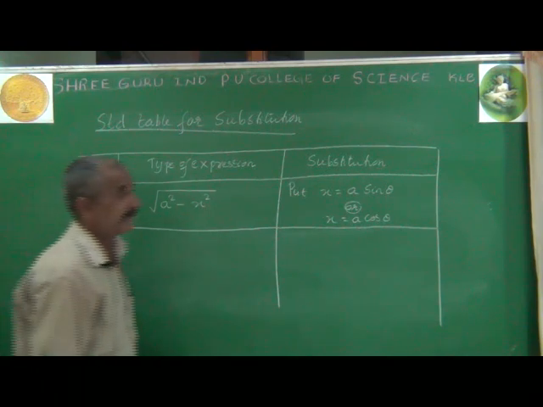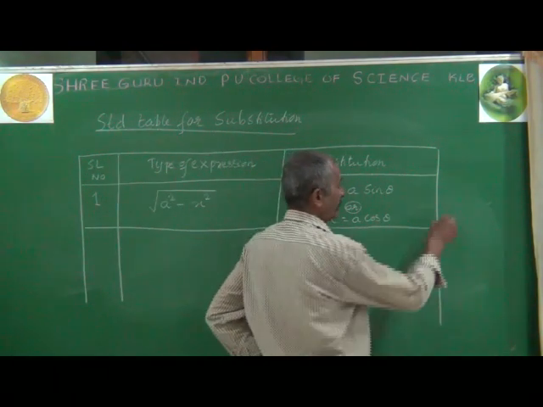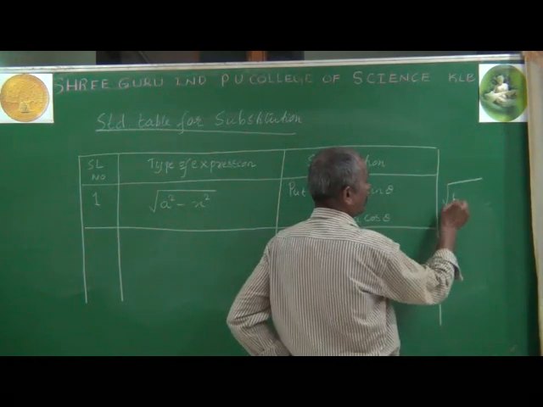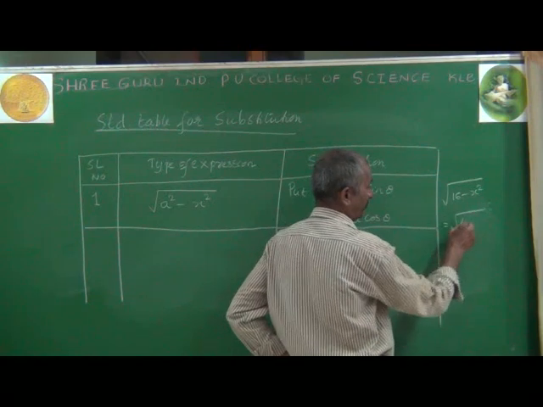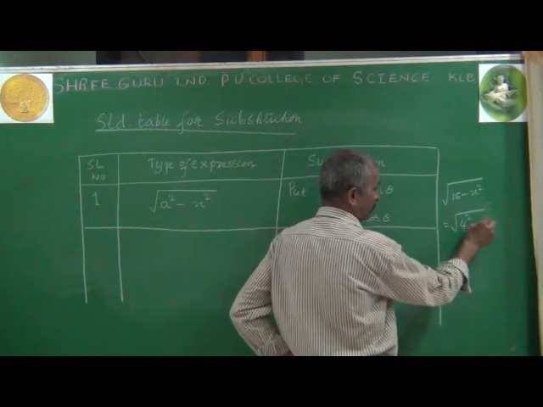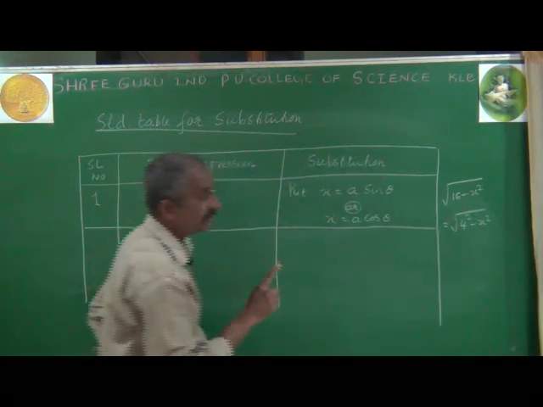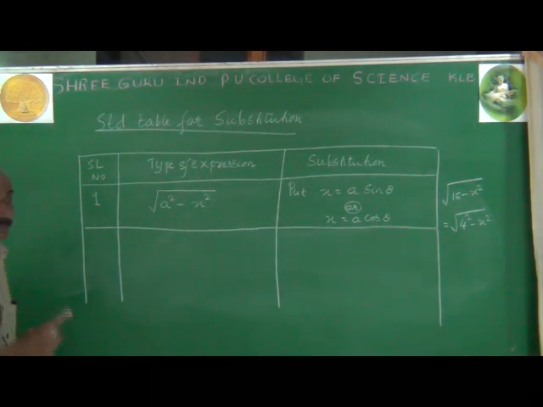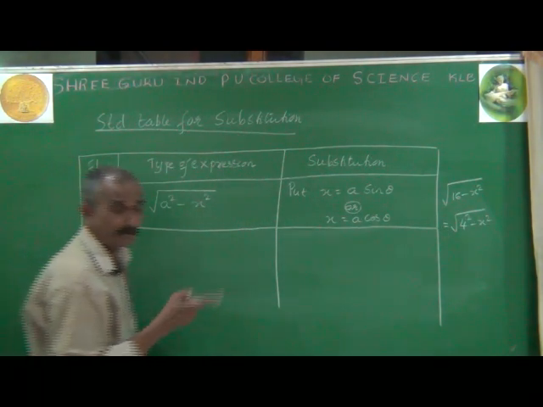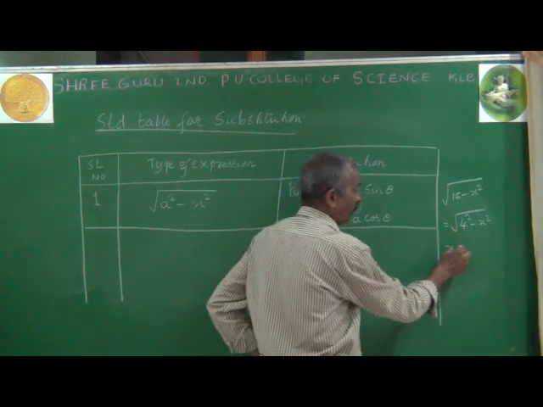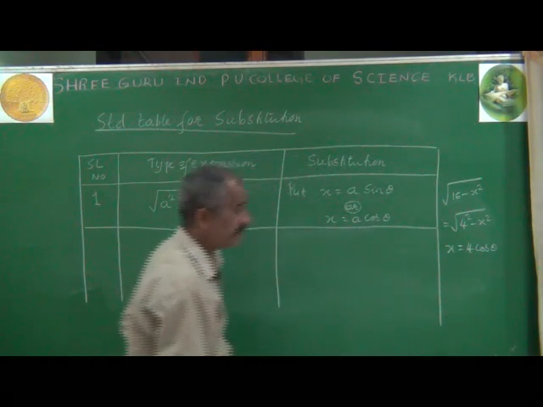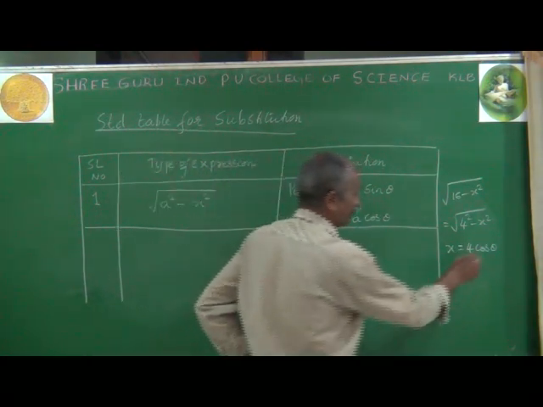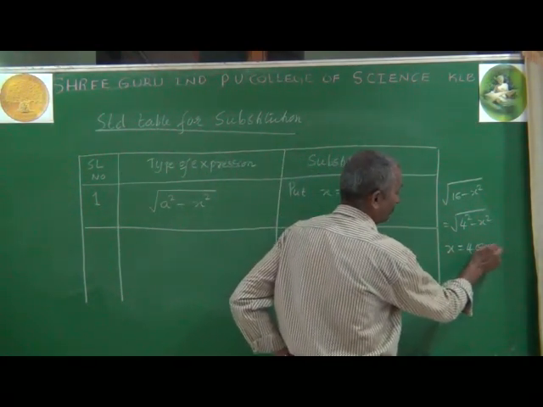For instance, in the coming problems, if there is something like root of 16 minus x square, 16 means 4 square minus x square. So obviously you have to put x equal to a sin theta, where a means 4. Let's put x equal to 4 sin theta.